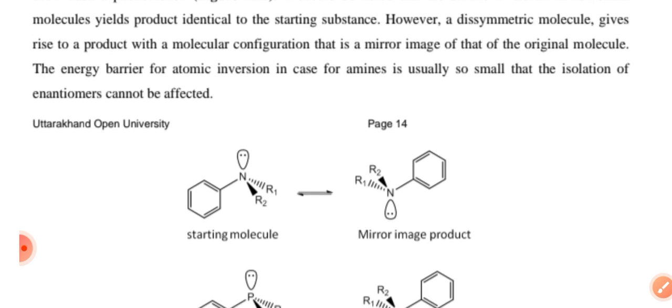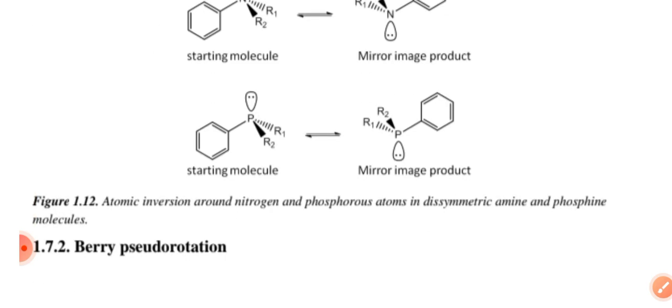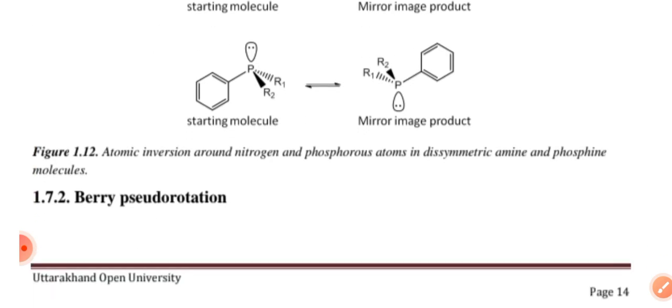However, a dissymmetric molecule gives rise to a product with a molecular configuration that is a mirror image of the original molecule. The energy barrier for atomic inversion in the case of amines is usually so small that the isolation of enantiomers cannot be effected. Starting molecule, mirror image product. Figure 1.12: Atomic inversions around nitrogen and phosphorus atoms in dissymmetric amine and phosphine molecules.